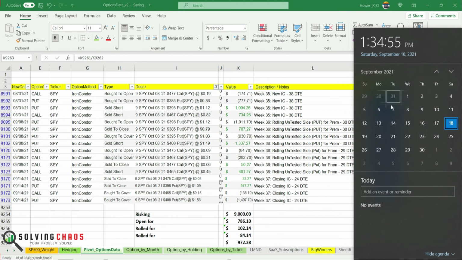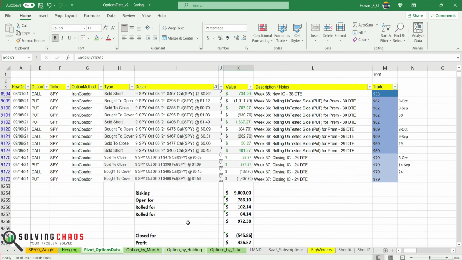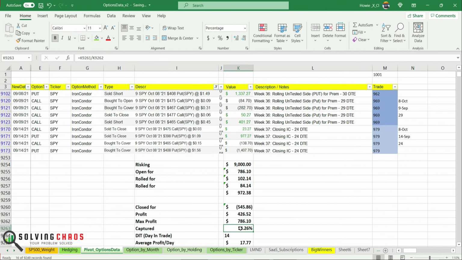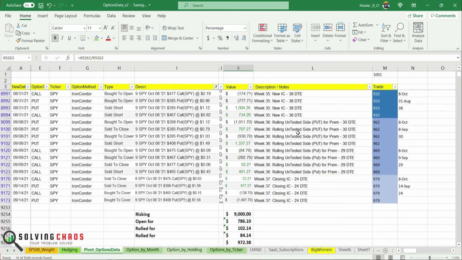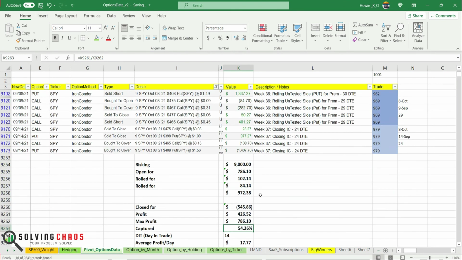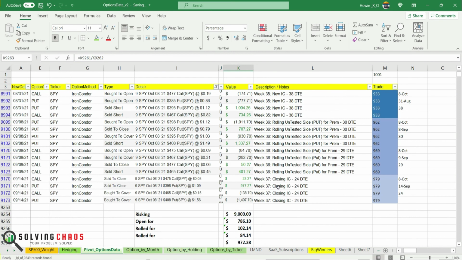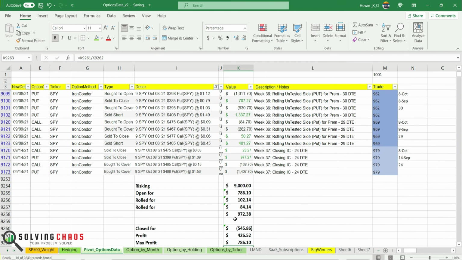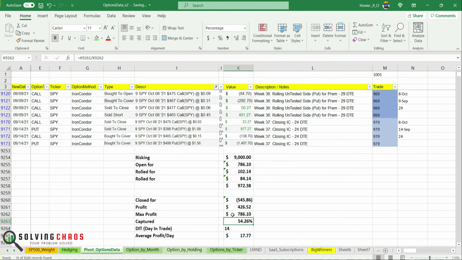So that's 14 days, 15 days, depending on how you count it. I captured 54% of my max profit with time left. So it doesn't make sense for me to stay in this trade for less than 50% for another 24 days when in the first 14 I captured most of the gains already. So I want to exit out of my trade.